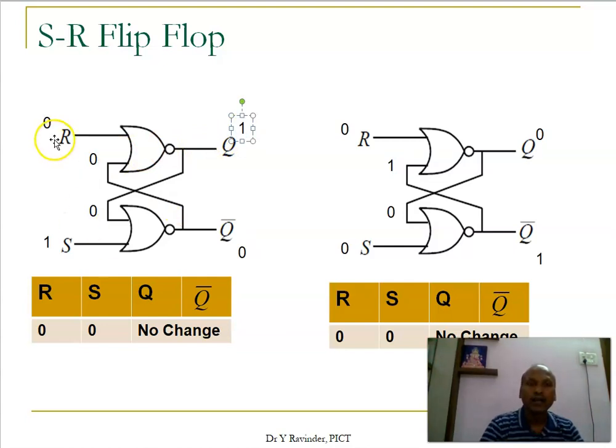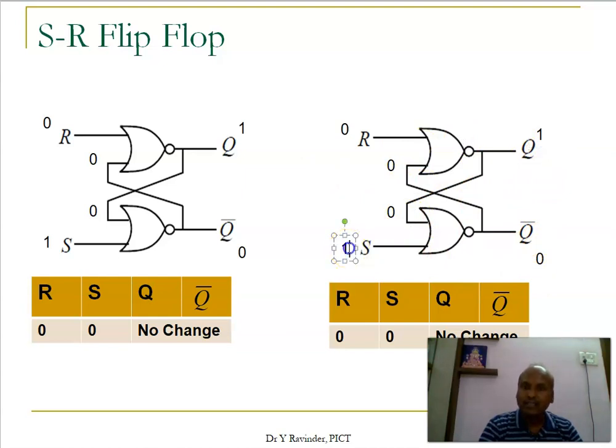Now R is 0, S is 1, so Q has been set to 1. Even in this case also you can see, if I make this 1, this becomes 0 because one of the inputs is 1. Now this will go here, 0 0, then this becomes 1. Right? Now this is 1, this is 0 because of set.